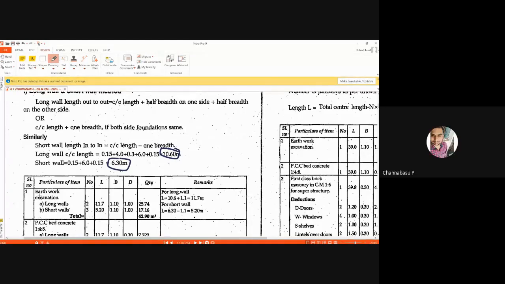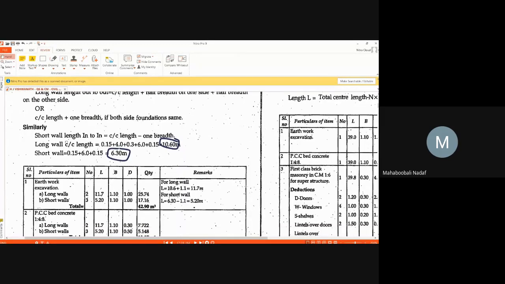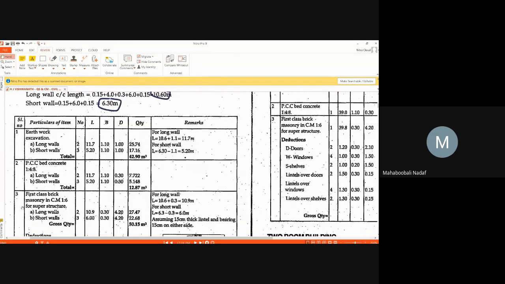Okay. Now, same table you are going to make. First is serial number, second is items, third is numbers, fourth is length, B, D, quantity, remarks. Okay, we'll start with the first one. What is that? Excavation. So long wall, short wall method means what?